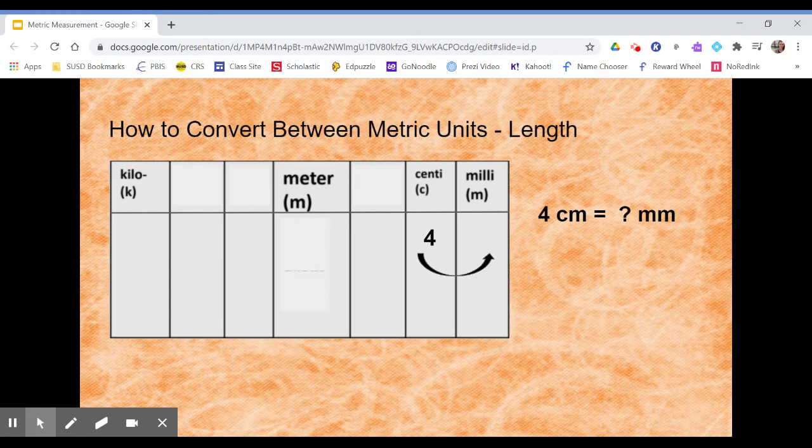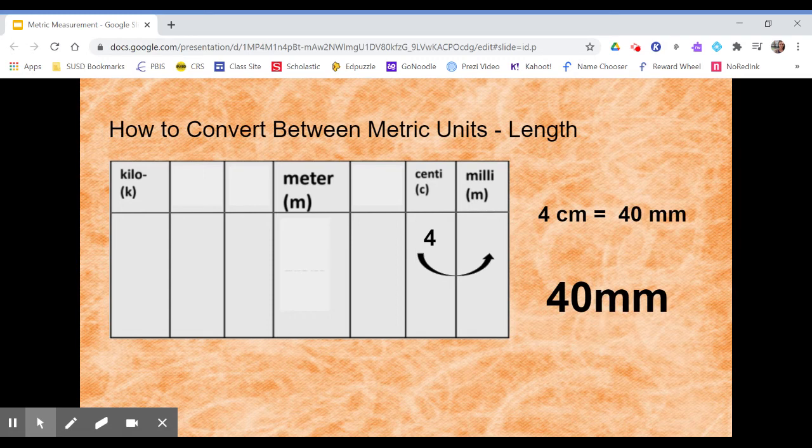We can see it takes one jump to the right to get from centi to milli. And essentially what we do with that jump is we move the decimal point exactly like it is in the chart. So instead of having just the decimal after the number 4 now, we're going to move it one place to the right, turning it into 40. Therefore, we can say that 4 centimeters is equal to 40 millimeters.